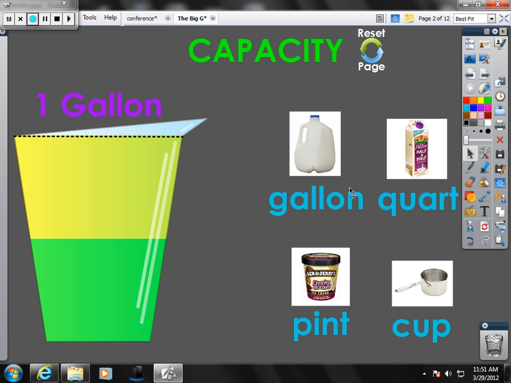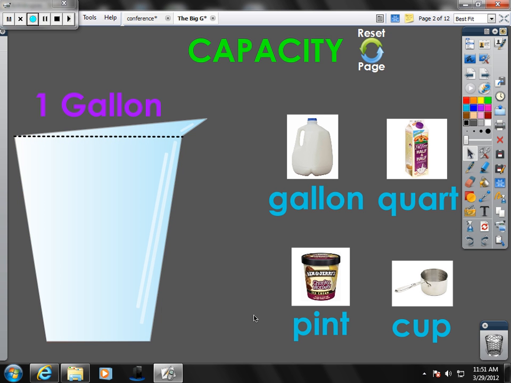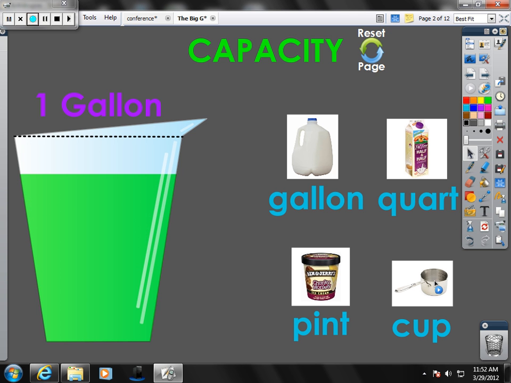So gets a little confusing, but at least the picture here can kind of show you what it looks like. So now if I were only looking at cups, I want to know how many cups is it in 1 gallon. I could sit here and click 1, 2, 3, 4, 5, 6, 7, 8, 9, 10, 11, 12, 13, 14, 15, 16 cups in 1 gallon.